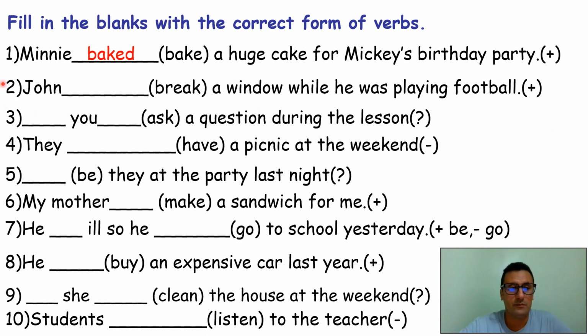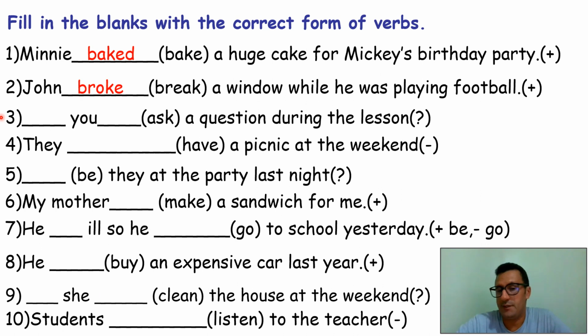Number 2. Deuxième phrase. John break a window while he was playing football. On dit John broke a window while he was playing football. Number 3. You, le verbe c'est to ask a question during the lesson.